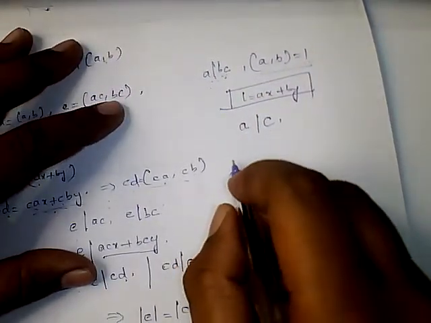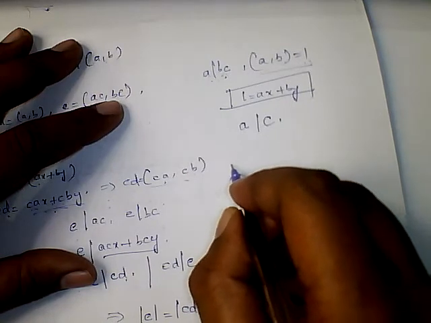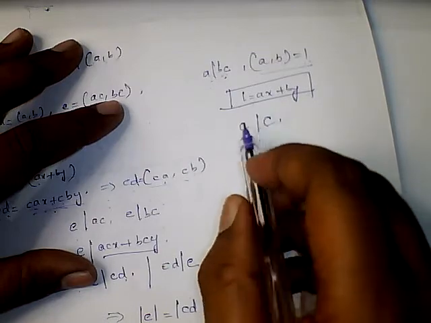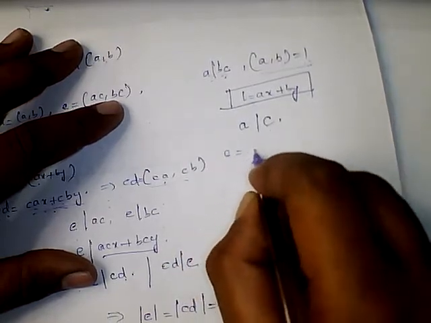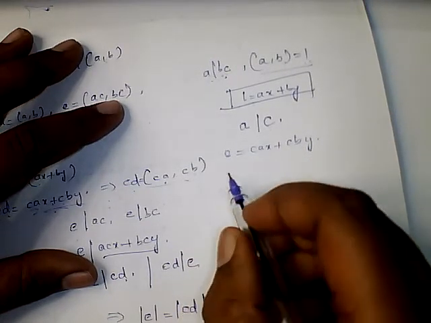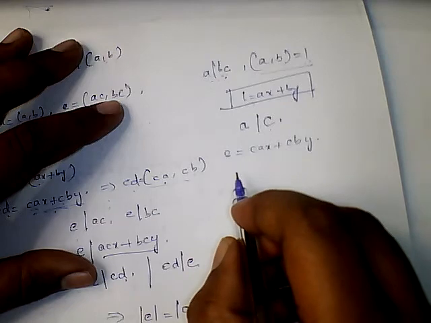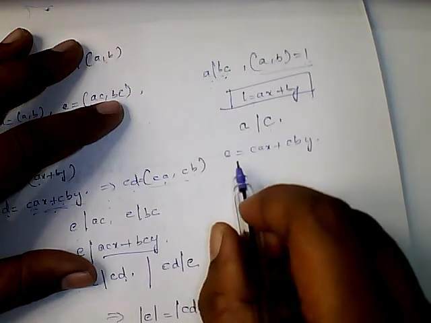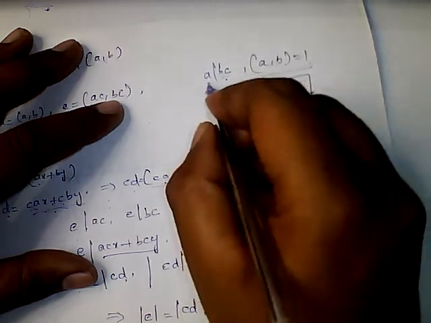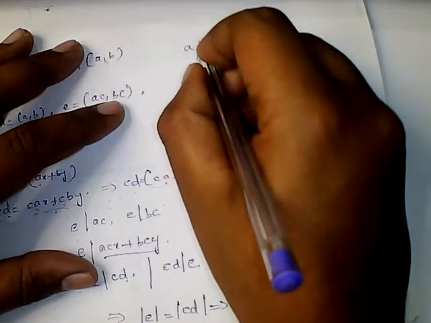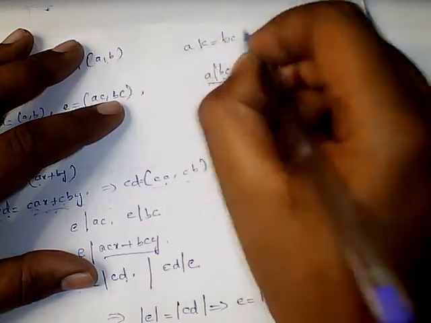I can prove this also. I'm using this, so I'm multiplying this with CAX plus CBY, whatever you want, and from this I can take out, since we have A divides BC, we can write BC equal to AK.